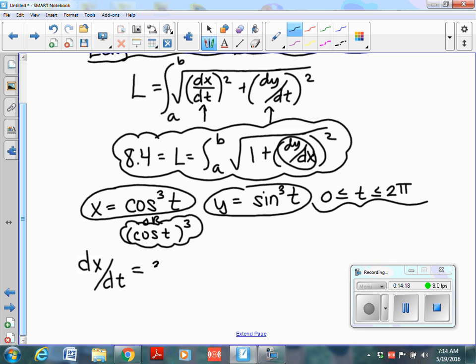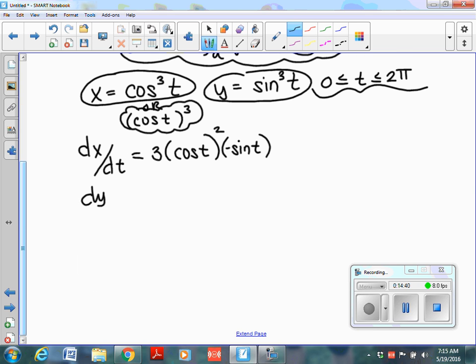I'm going to put my 3 out in front, leave the inside alone, change my 3 to a 2. Then I also need to take the derivative of the inside. And the derivative of the inside is, what's the derivative of cosine? A negative sine.